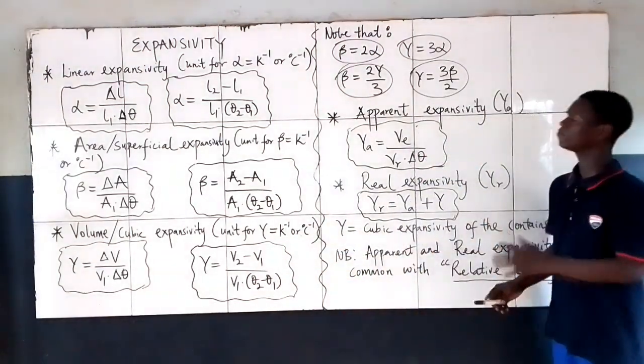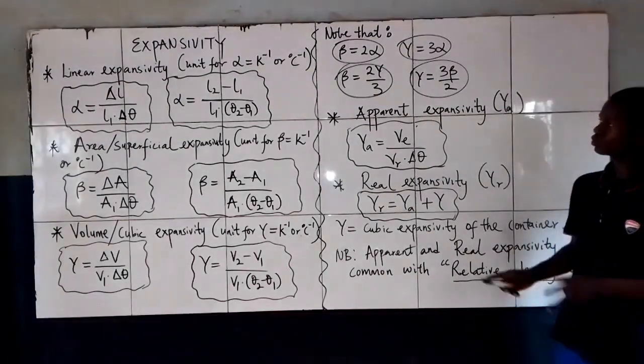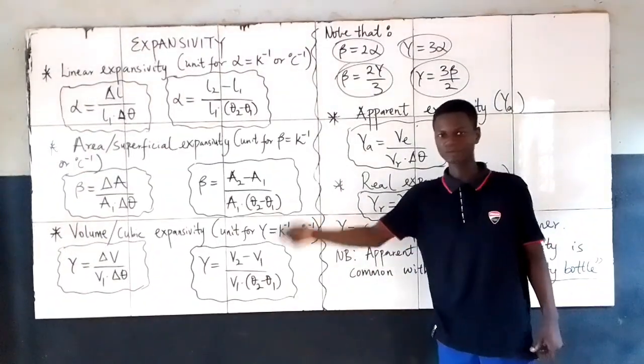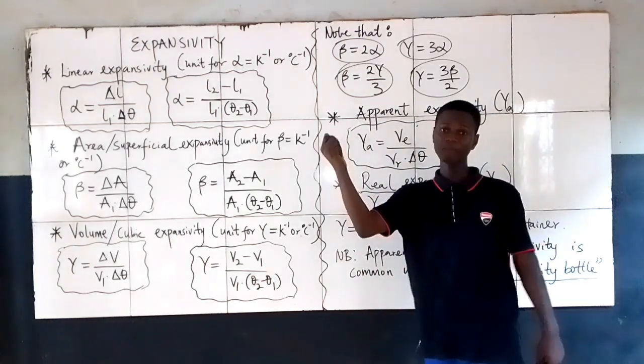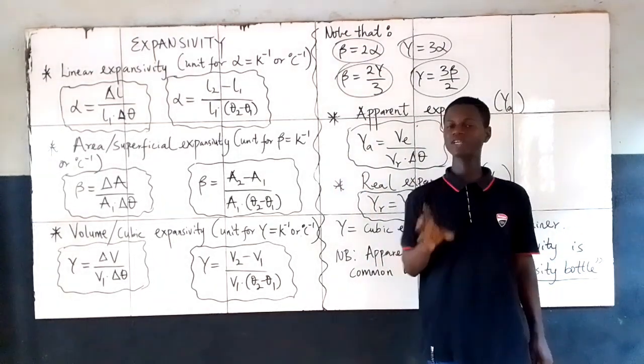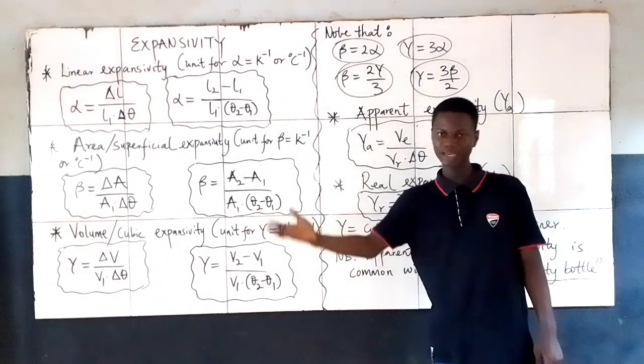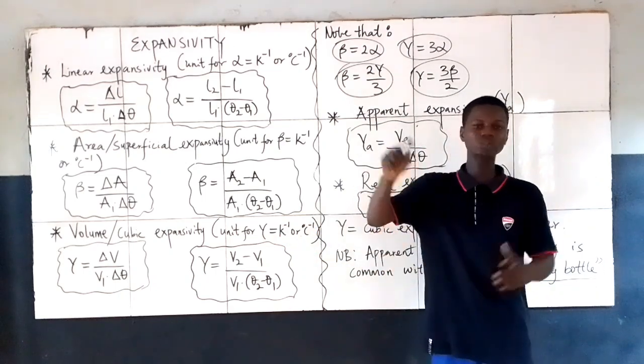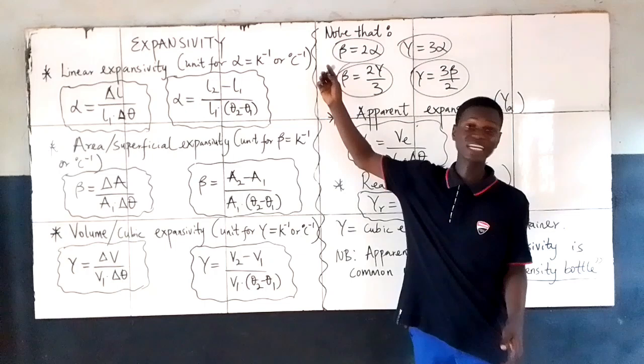Moving on, there are a number of facts you must note. The area expansivity is twice the linear expansivity. That is, if you have a material, let's say iron, and you are told that the linear expansivity is X, and they ask you what the area expansivity is, it's simply 2 times X, because that is a general rule.